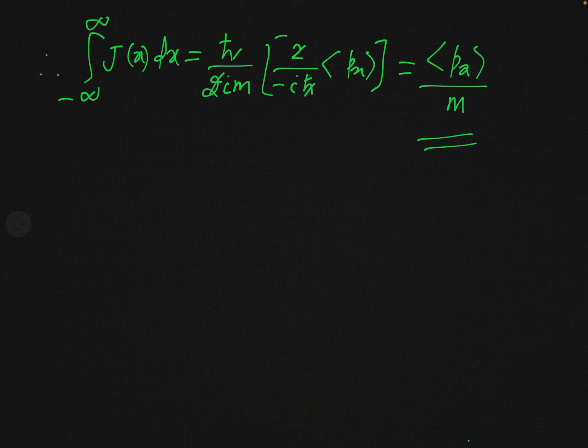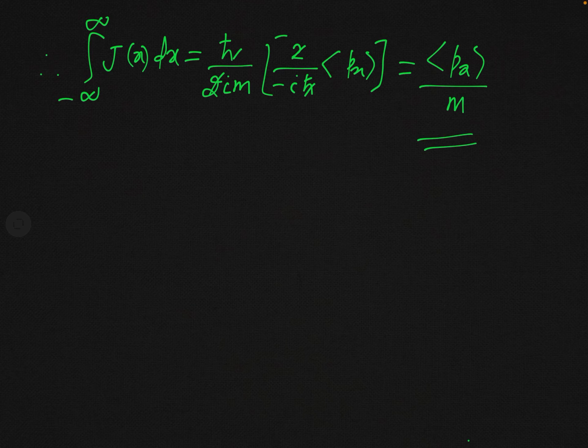So you can see the result which was to prove in this problem has been easily proved by using the expression for the probability current density, and in fact I have also utilized here an important technique so that the expression under the integral becomes the expectation value of momentum operator.